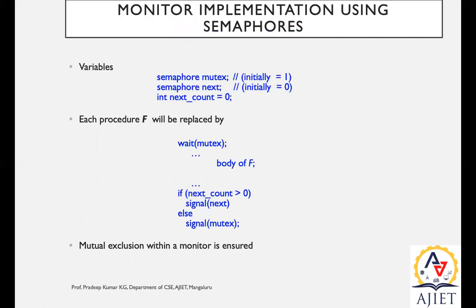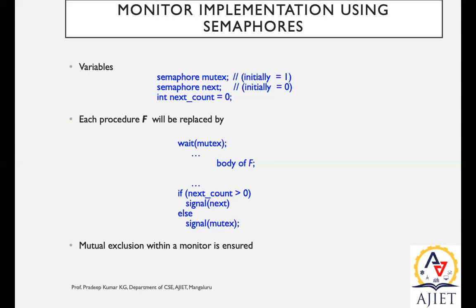Using semaphores, you can implement monitors. With respect to the semaphore, it should be 1 initially, and each procedure F will be replaced by this particular scenario, that is, a recursive procedure. Mutual exclusion within a monitor can be ensured, because whenever a process tries to enter the monitor, it gets permission to access the critical section for only one procedure at a time.